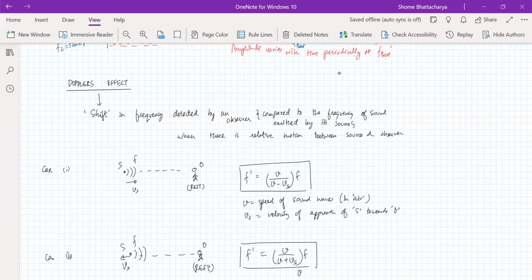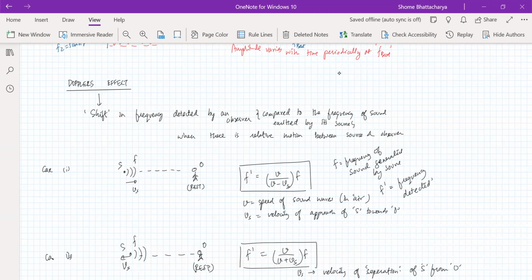So now Vs is the velocity of separation of the source from the observer. In both of these, f is the frequency of sound generated by the source, whereas f prime is the frequency heard or detected by the observer.